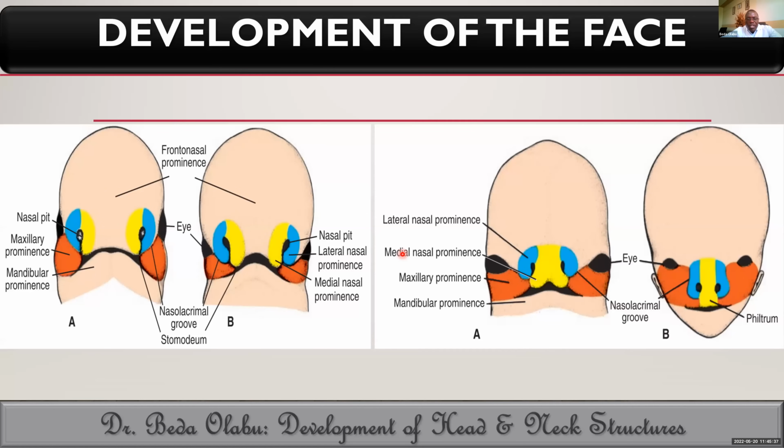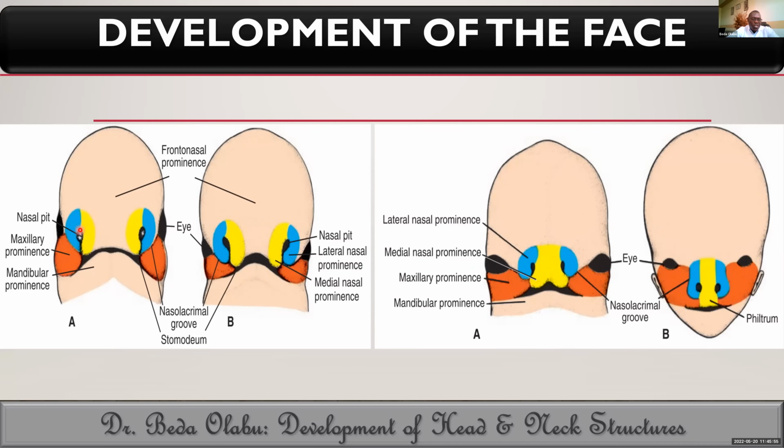So this image perhaps will help you to understand that very well. Start from the left side. So we have the frontal nasal prominence, which has the frontal and the nasal prominences.